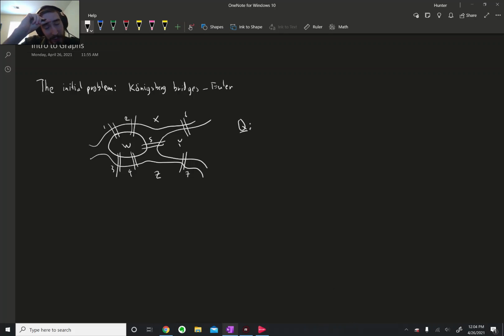And Euler's question was, is it possible to traverse each bridge exactly once and end up on the same island we start at?